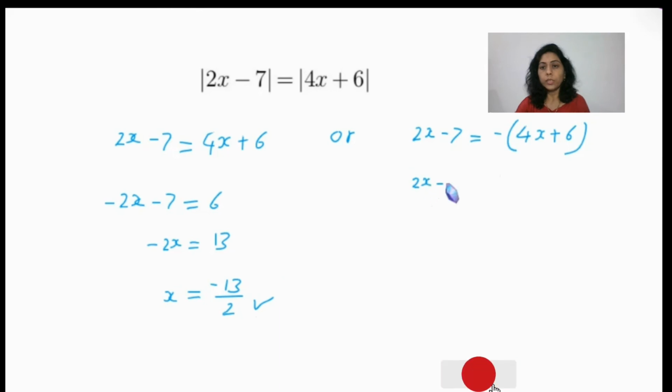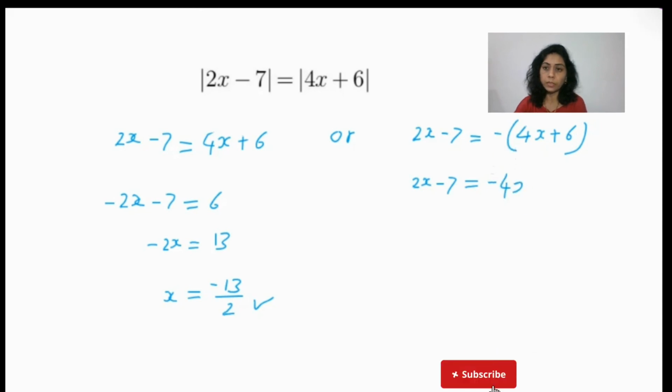And here 2x minus 7 equals minus (4x plus 6). Tell me, how can we solve this? How can we open the parenthesis? The minus multiplies with this whole parenthesis, so all signs will be changed. Mostly students write minus 4x plus 6, but no, this is a very common mistake, so be aware.